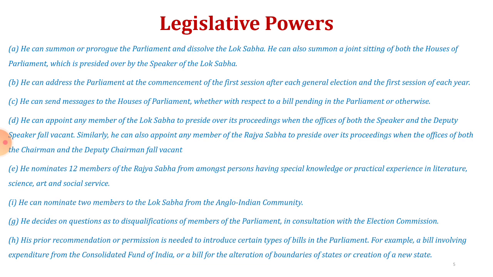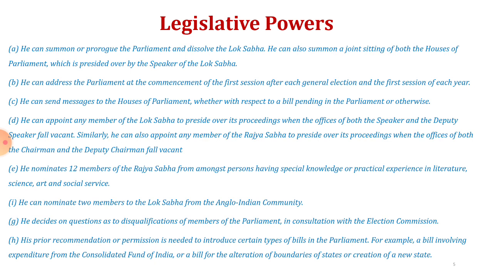He can nominate 2 members to the Lok Sabha from the Anglo-Indian community. He decides on questions as to disqualification of members of the parliament in consultation with the election commission. His prior recommendation or permission is needed to introduce certain types of bills in the parliament.